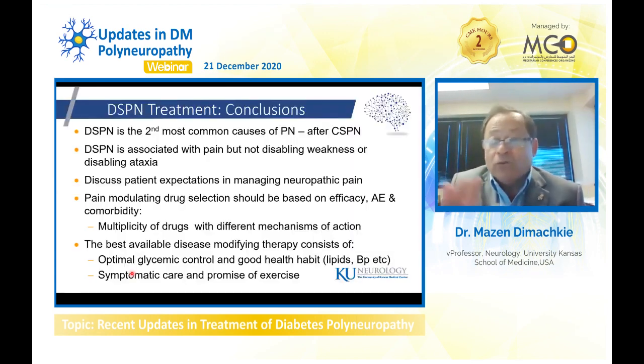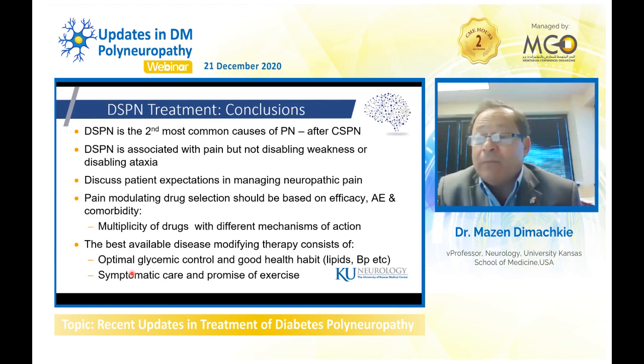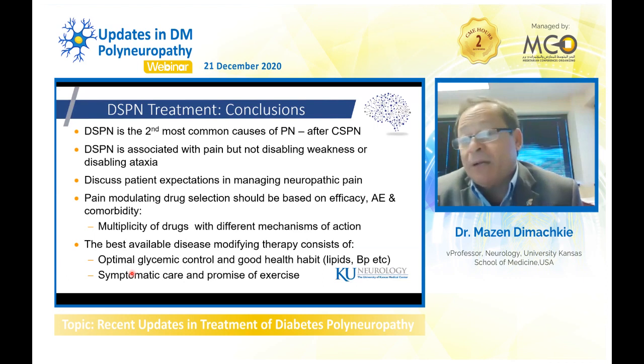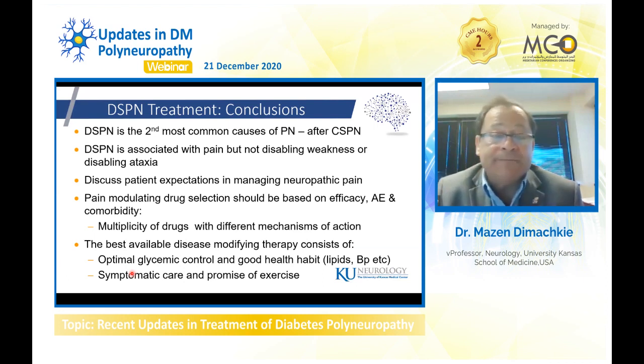So to conclude, I think diabetic symmetric peripheral polyneuropathy is the second most common neuropathy, probably after cryptogenic sensory neuropathy. It could be number one in other countries. Distal symmetric neuropathy is associated with pain, and it's a challenge.